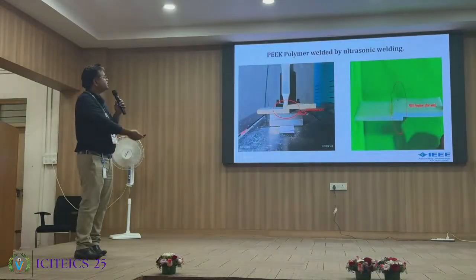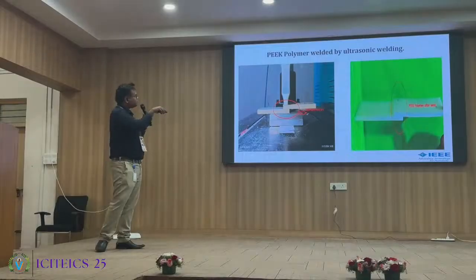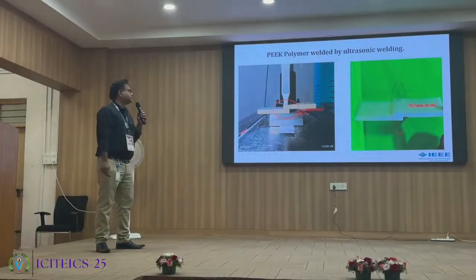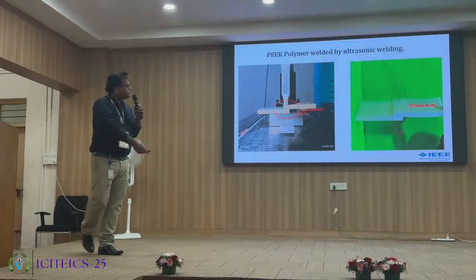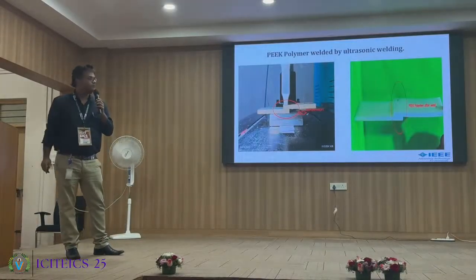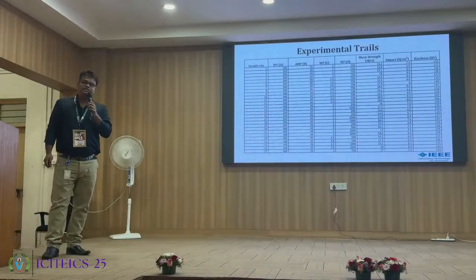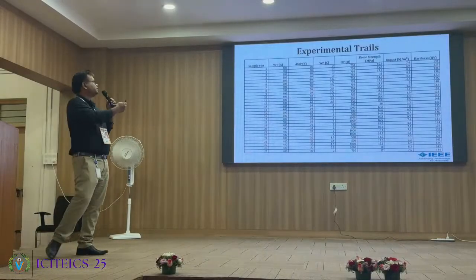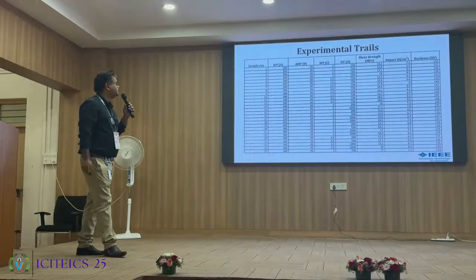This is the sample we have welded of a PEEK polymer. Here the horn applies pressure on the two clamped PEEK polymers, thereby creating the heat, and it's welded. The right hand side image shows the welded part. Here we have done 27 trials by varying the different input variables like time and amplitude.